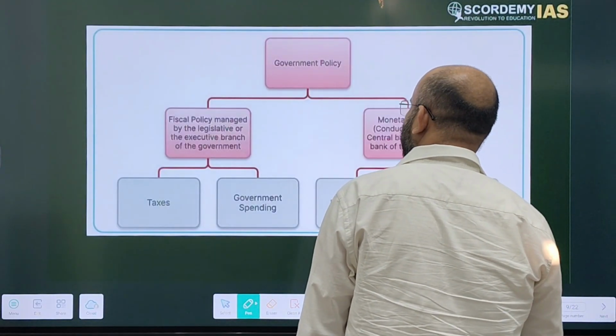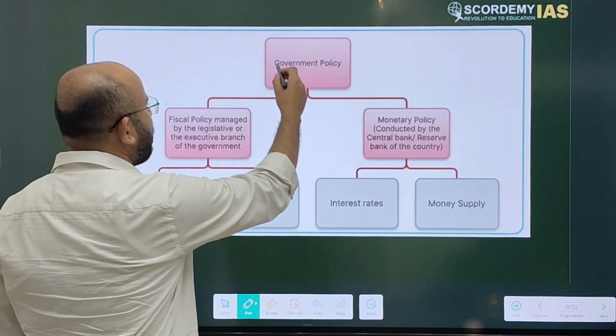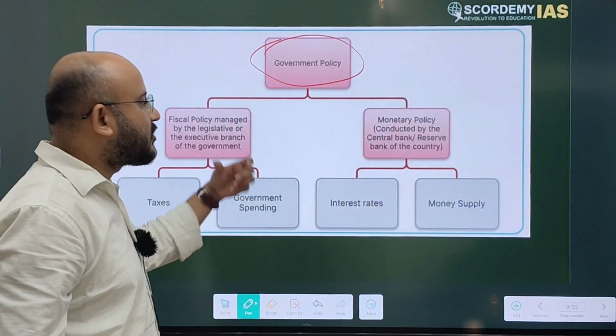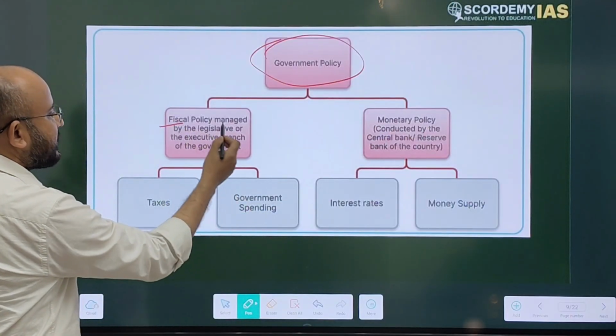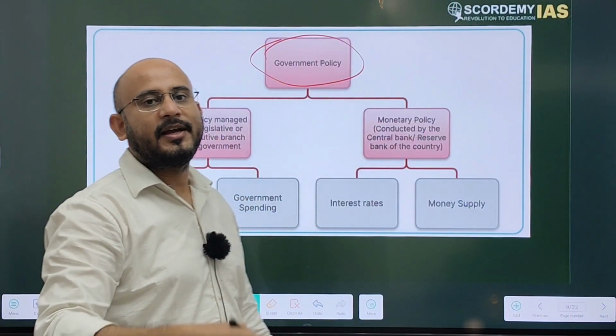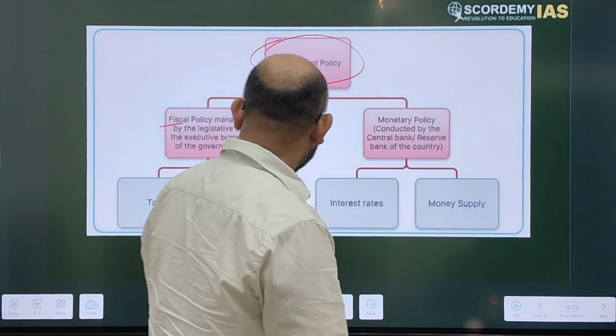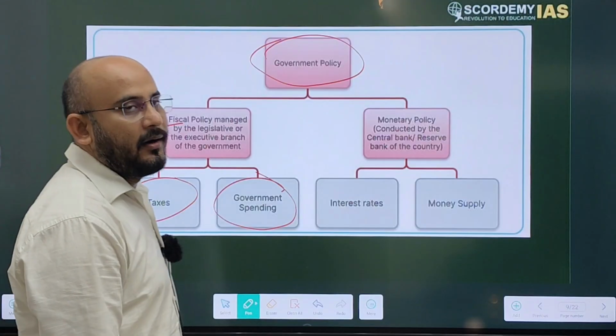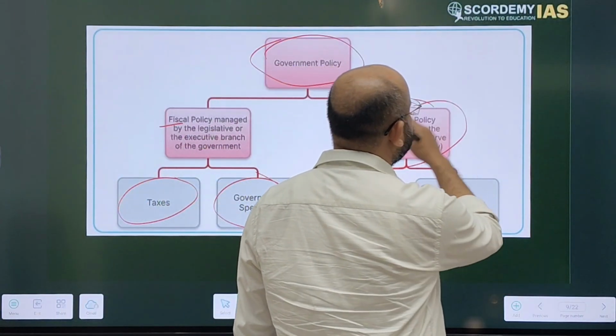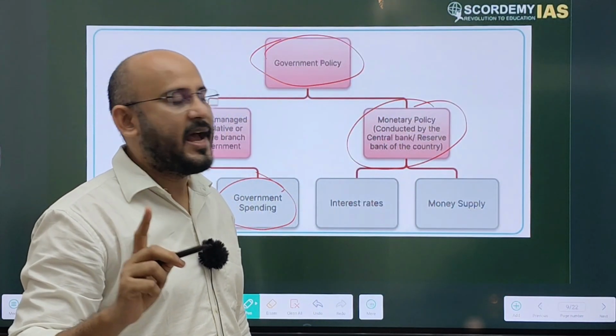So let's see explanation. Okay, government policy কি আছে, এইমাত্ৰ মই কলো fiscal policy আৰু এটা আছে monetary policy. Fiscal policy is given by the executive branch. Executive branch কোন হয় আমাৰ government, ঠিক আছে, কি দিয়ে, taxes, government spending and all these things, ঠিক আছে. আৰু monetary policy is given by the central bank. Who is the central bank in India? It is RBI, ঠিক আছে.